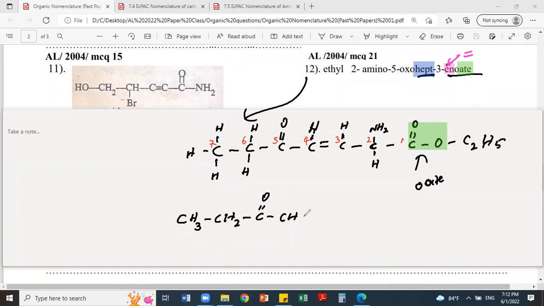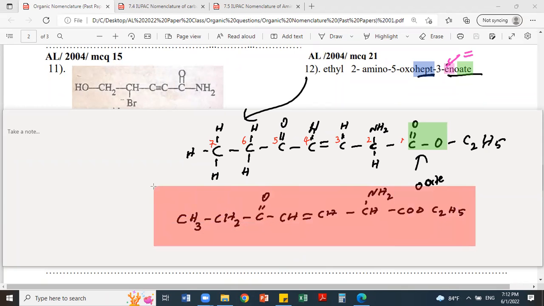Then this becomes CH=CH, then you get CHNH2 and C double bond O, C2H5. This is also accepted. If you draw this, it is also correct.